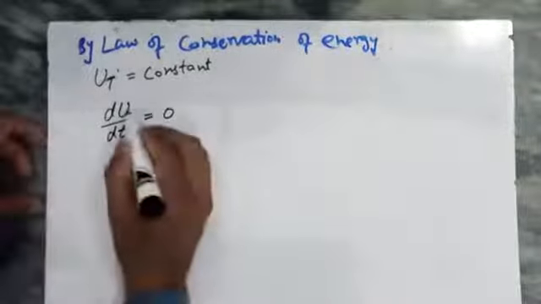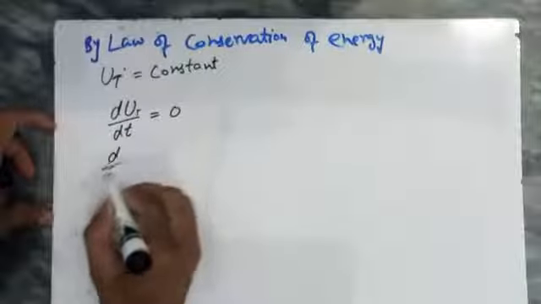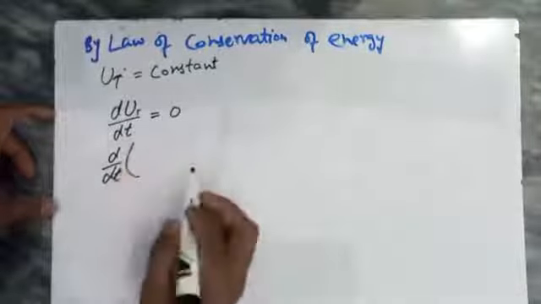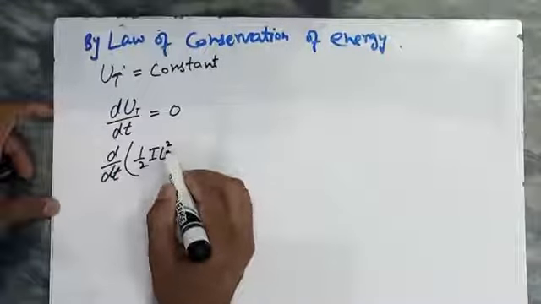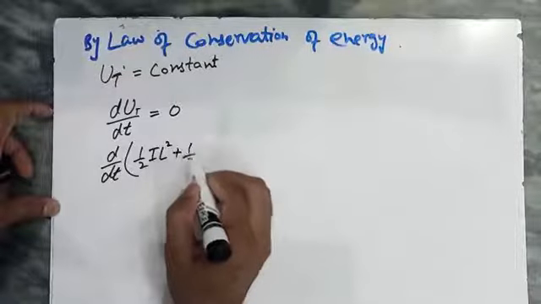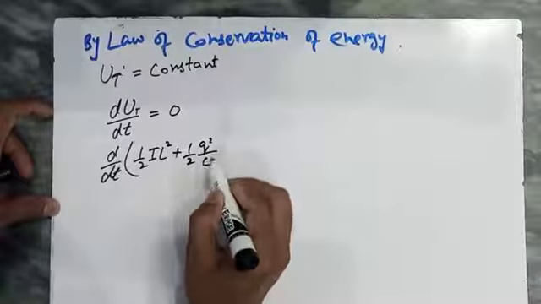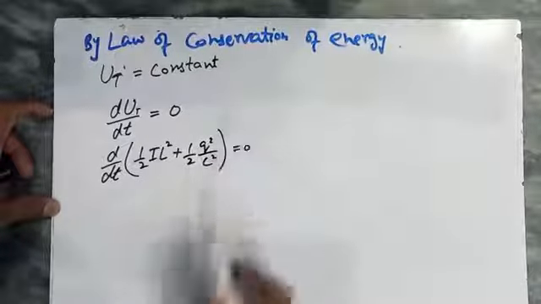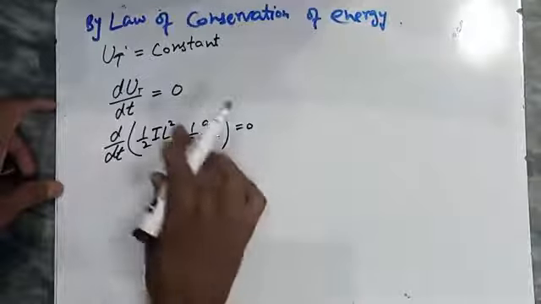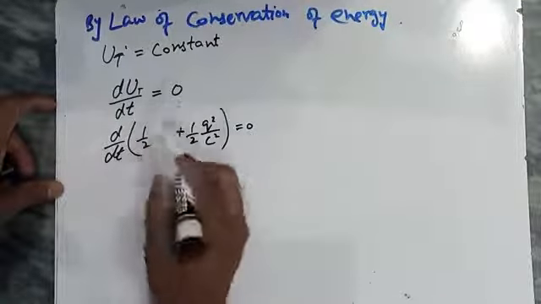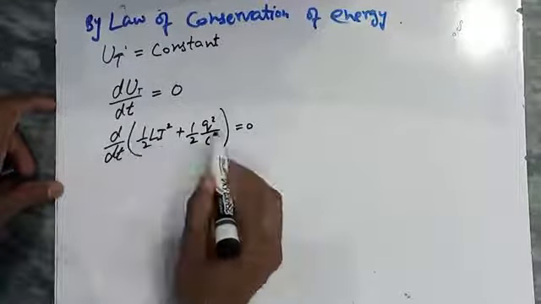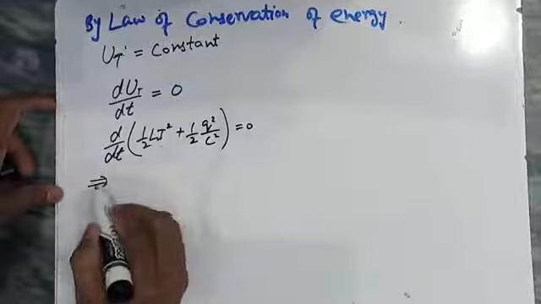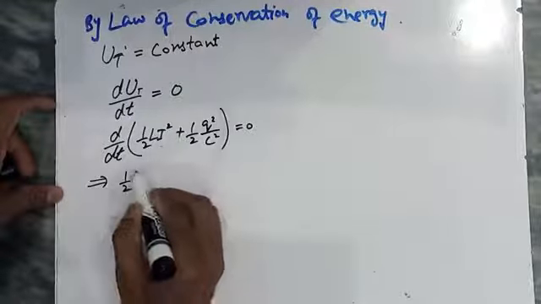So I can write it as total energy is given by sum of energy of inductor and sum of energy of capacitor. This term is half L i square. So I differentiate this equation with respect to time.